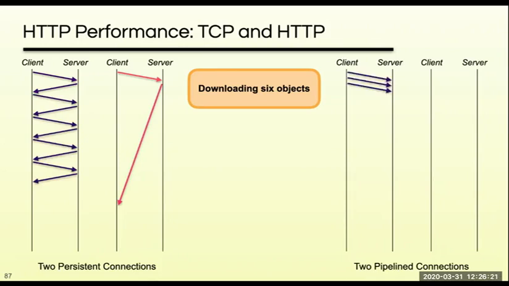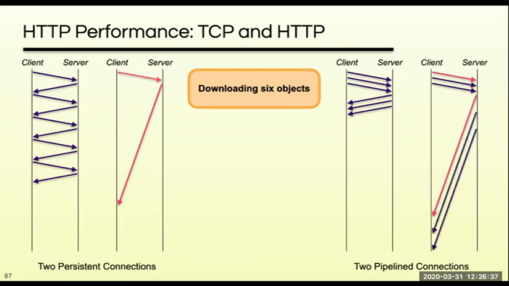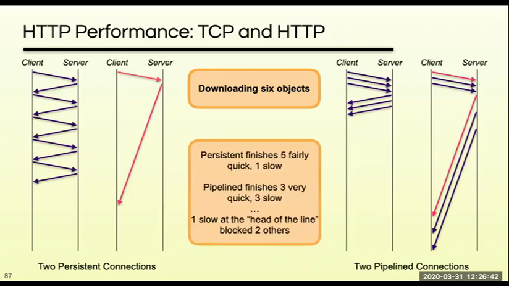Now with pipelining, what do you do? You'd send 3 at once over here on the right in the first connection, and then on the second connection, you'd also send 3 at once. But the first three finish really quickly on the first connection, but that pink one still takes a really long time. And that means that the other two also take a really long time. So with persistent connections, 5 of them finished fairly quickly and 1 finishes slow.